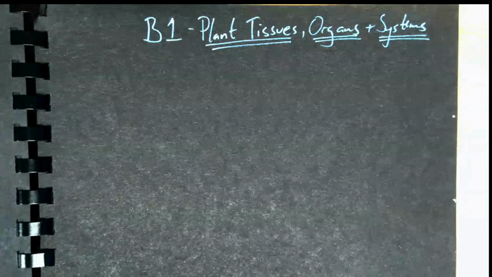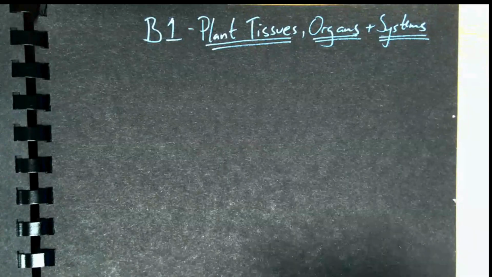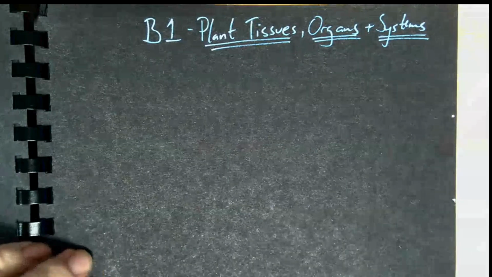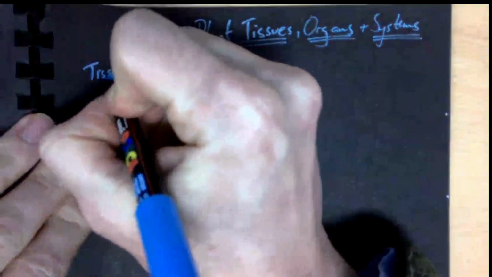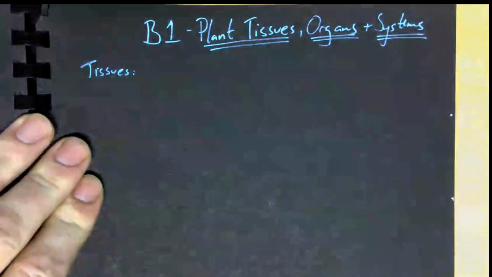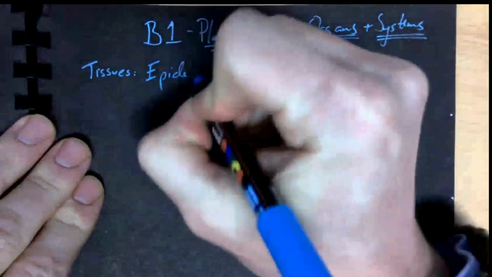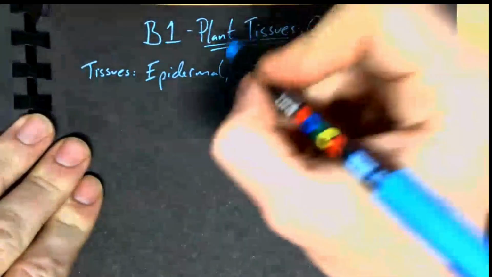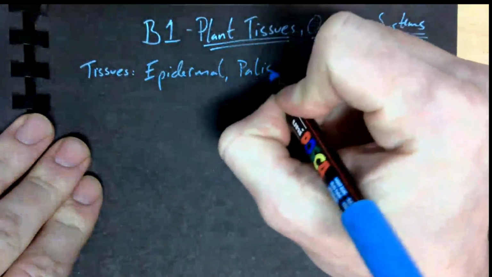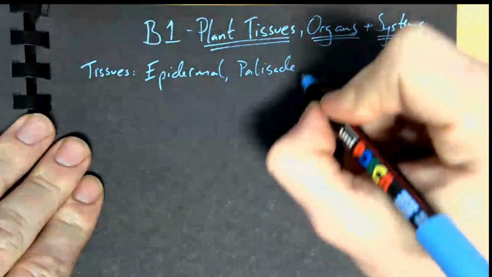So we're going to do plant tissues, and there's quite a lot of tough key terminology. So if I just list for you a list of tissues that it's worth you knowing a little bit about, we've got the epidermal tissue. We've got your palisade mesophyll.